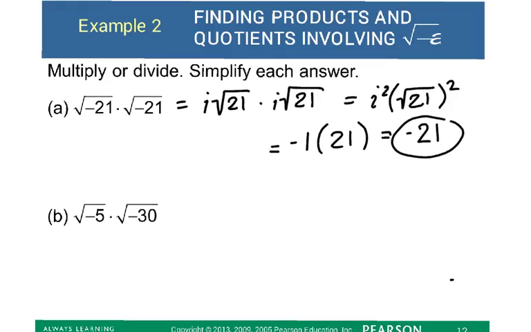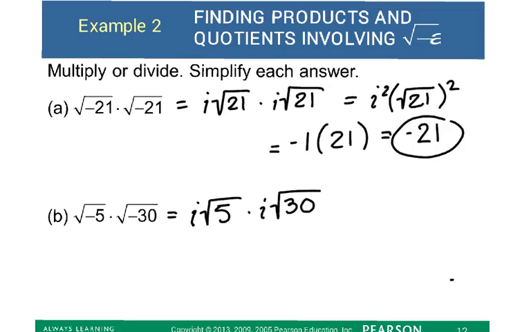Let's do this again. For this problem, there's several more steps to this one. So follow along. Take the imaginary part out. Take the i out of the square root. i square root of 5 times i square root of 30.